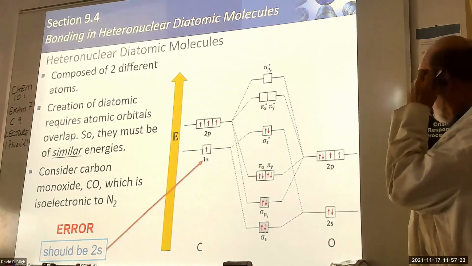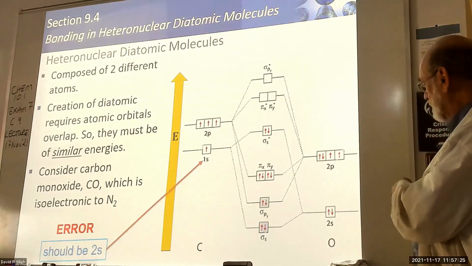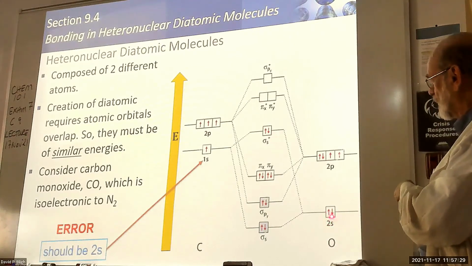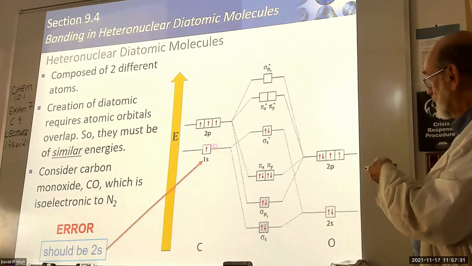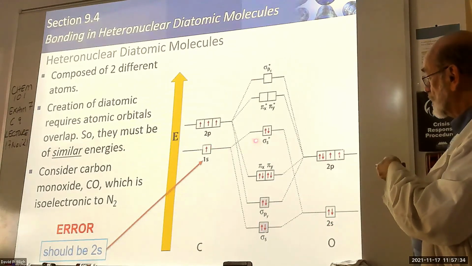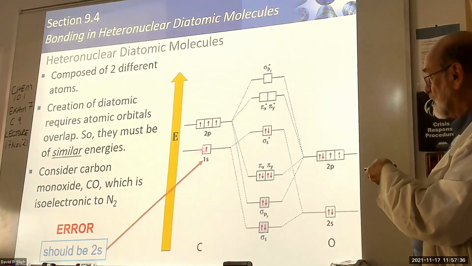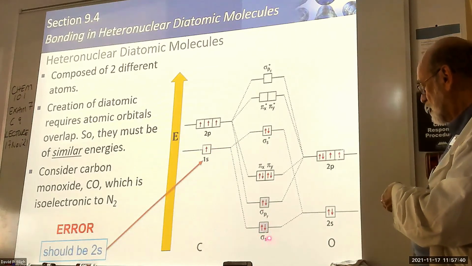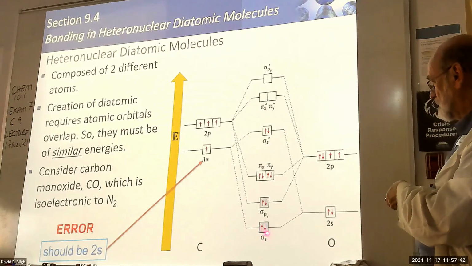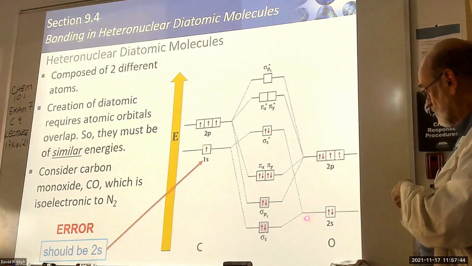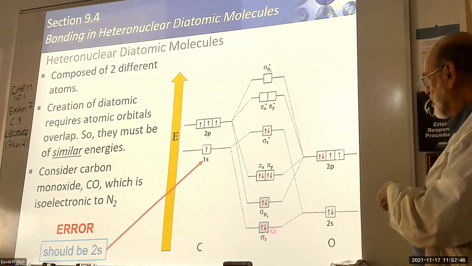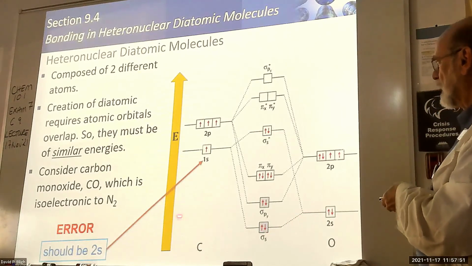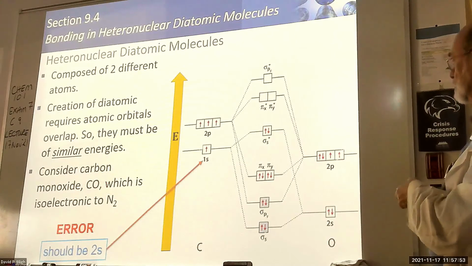In fact, the mixing of this s orbital with this s orbital gives you a sigma star that's not much higher than the s orbital from the carbon, but the sigma orbital is very low. It's below this one. So this would be carbon monoxide.